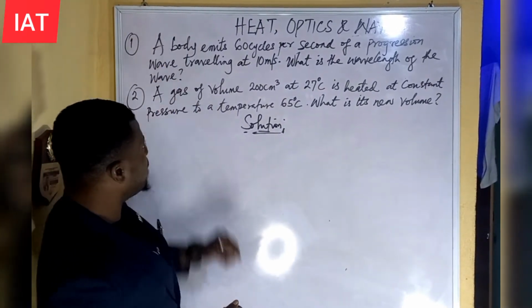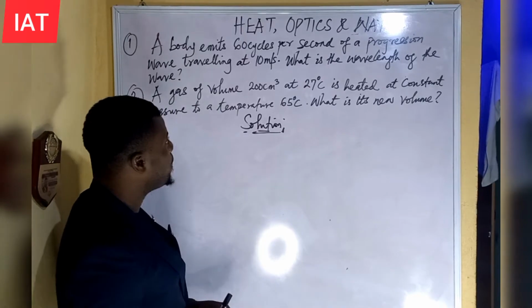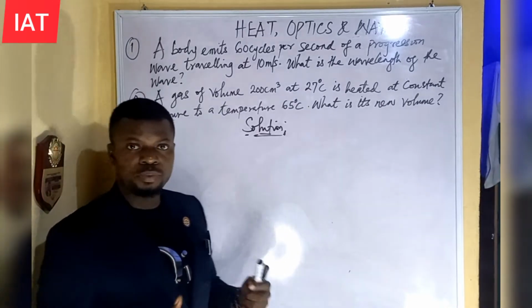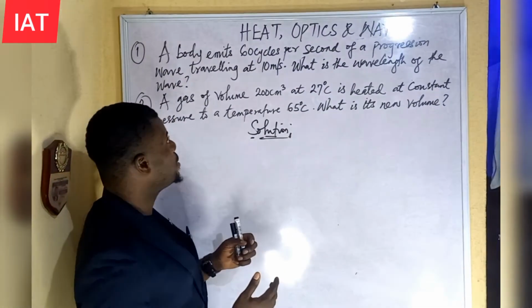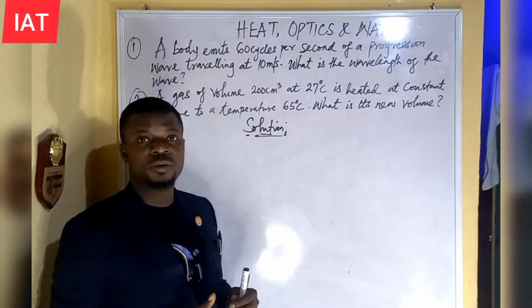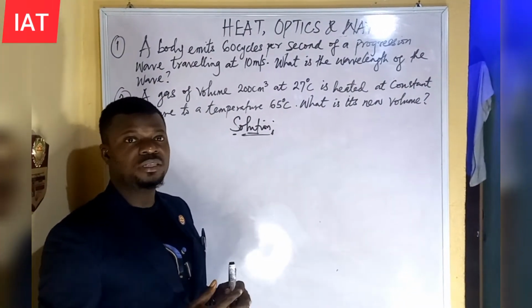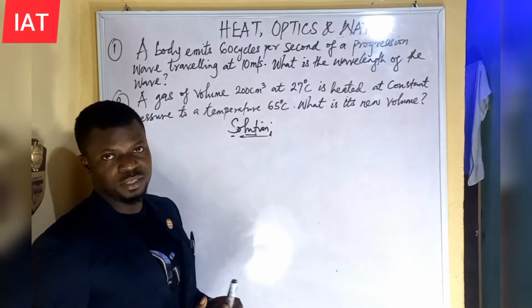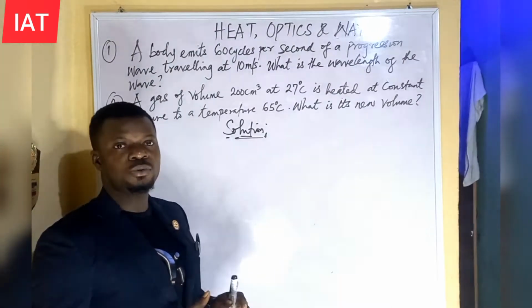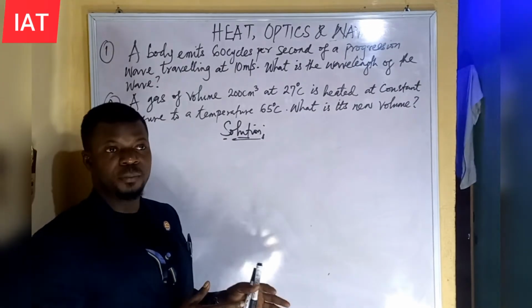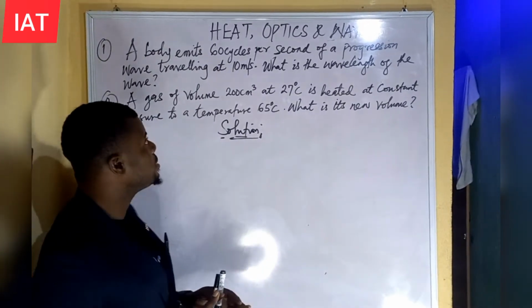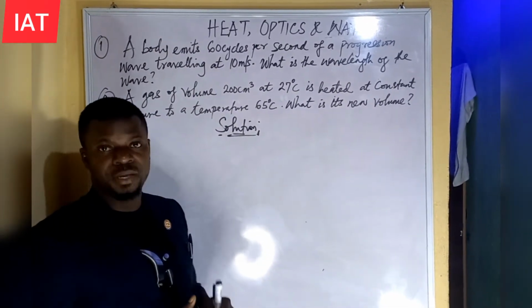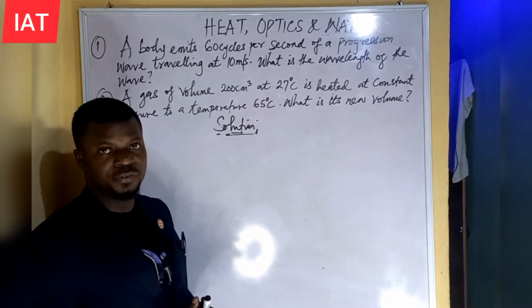So a body emits 60 cycles per second. In some books they may say a body emits 60 hertz, and when you see 60 hertz they are talking about frequency. So either you will see it in that format, 60 hertz or 60 cycles per second, that is also talking about frequency.